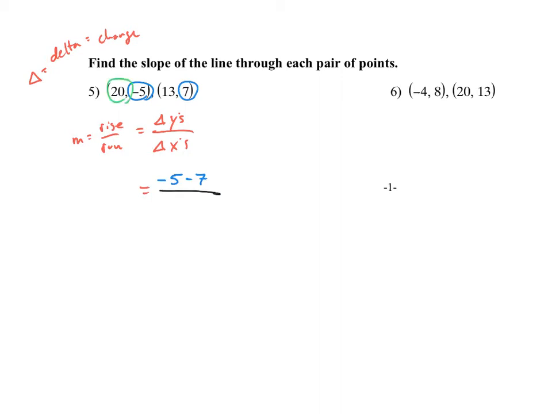Here are the x values, and you find the difference by subtraction. So this should be, let's see, -5 minus 7 is -12, right? And 20 minus 13 is 7. So I think it should be -12/7. Great.